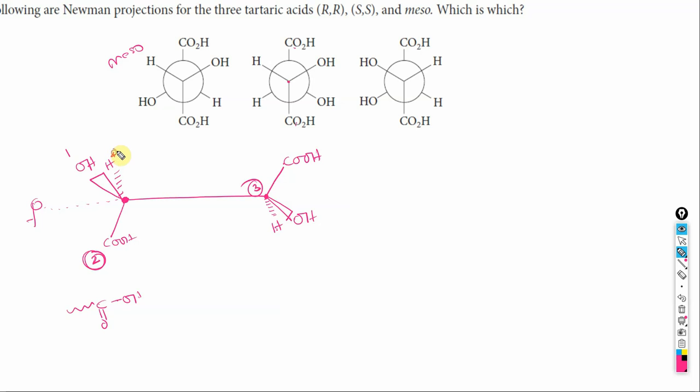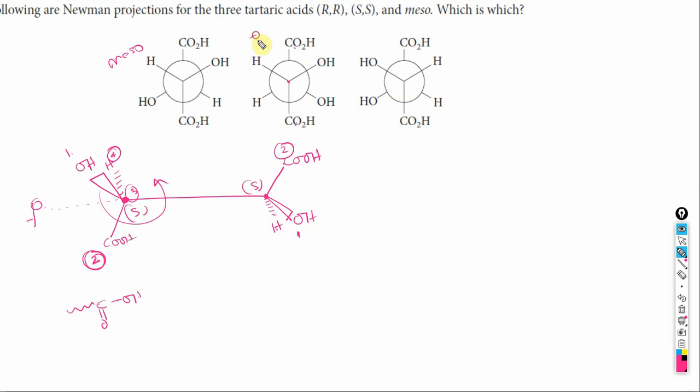The fourth priority is pointed away. This is a 1, 2 and a 3, so that's an S configuration, counterclockwise like that. If you now look at the other carbon, this is priority 1, that is priority 2, and this carbon would be 3, and again it is counterclockwise. Therefore again this is an S center.